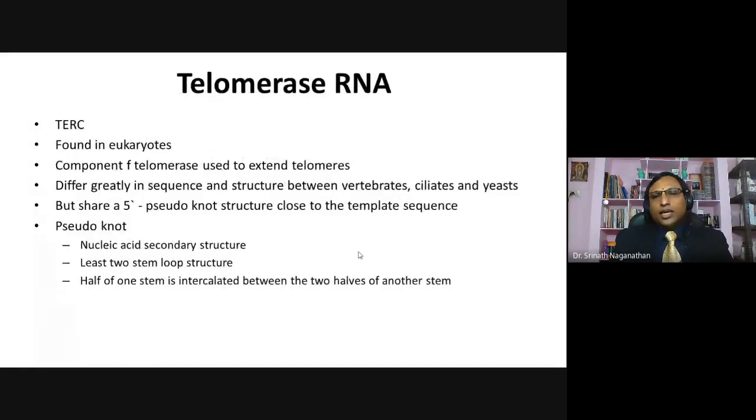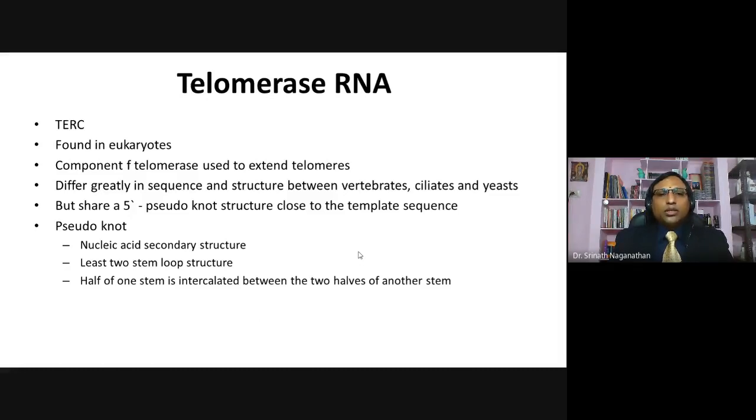Let's see the telomerase RNA. This is called TERC, basically the telomerase RNA. It is found in eukaryotes and is a component of telomerase used to extend the telomeres. It differs greatly in sequence and structure between vertebrates, ciliates, and yeasts, but shares a 5' pseudoknot structure close to the template sequence.